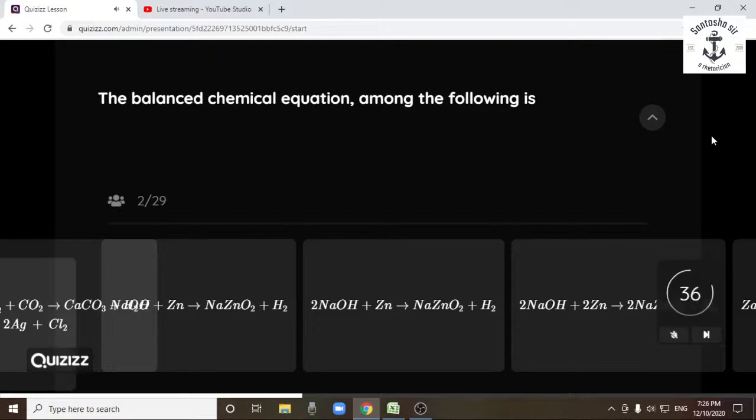Balanced chemical equation among the following equations. Seconds more.